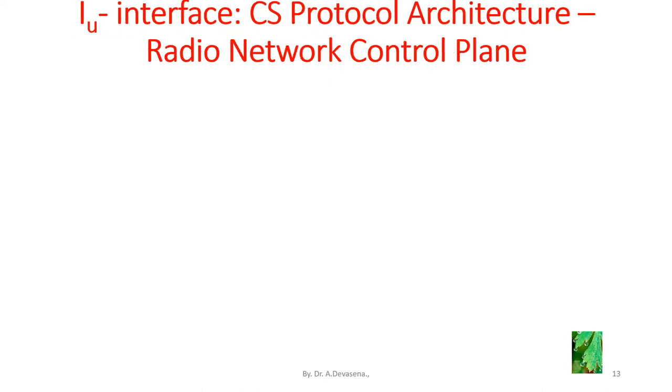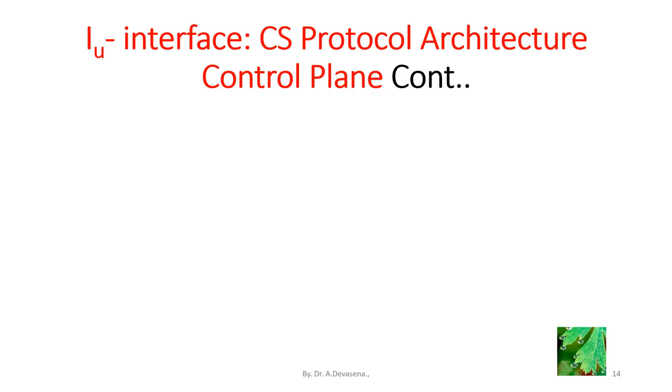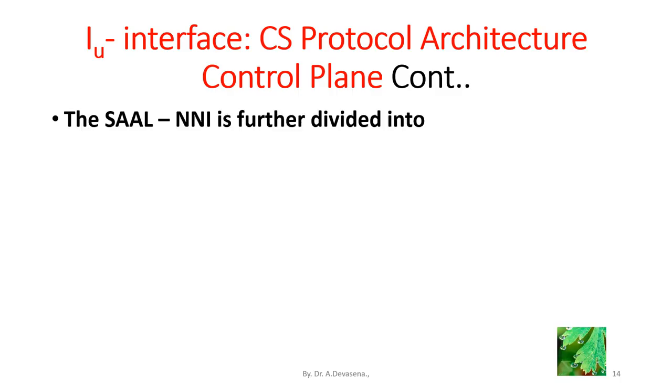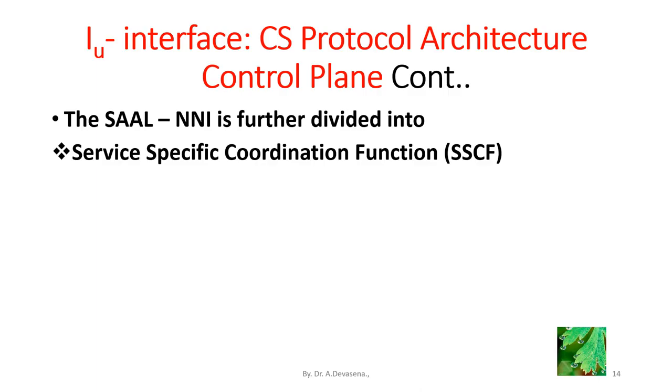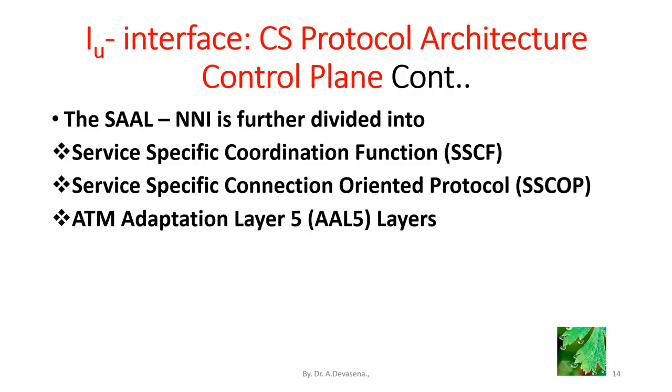Radio network control plane representation available in the CS protocol architecture of IU interface is shown below. This is the portion of radio network control plane. The SAAL-NNI is further divided into service specific coordination function, that is SSCF, service specific connection oriented protocol SSCOP, and ATM adaptation layer 5 AAL5 layers.